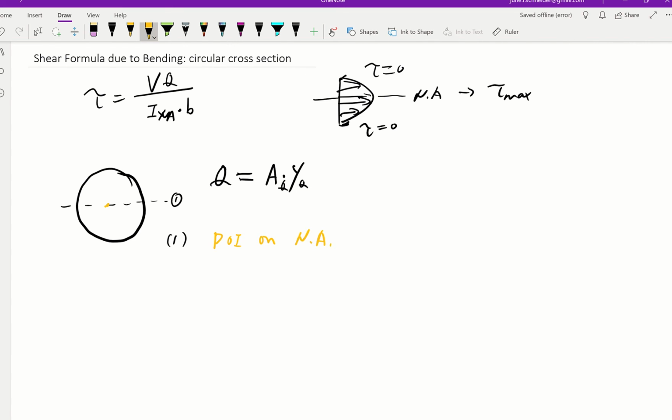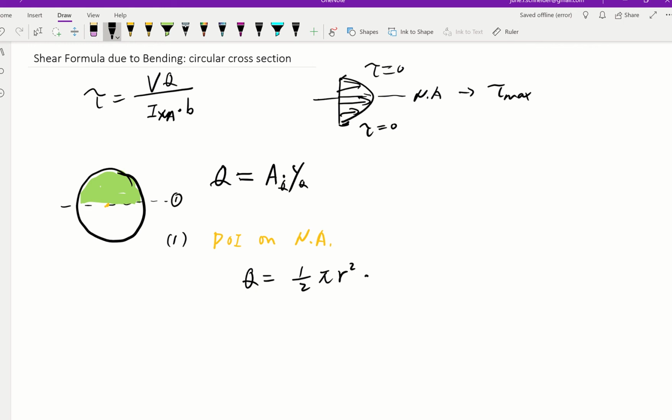So we're going to discover what Q is equal to. Q is going to be area, and this area is out from this point of interest, so it's the top semicircle. This area will be pi r squared over 2.